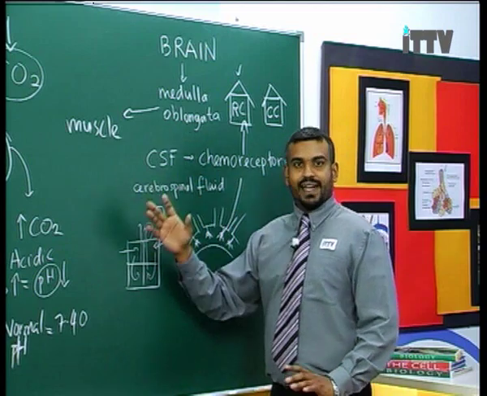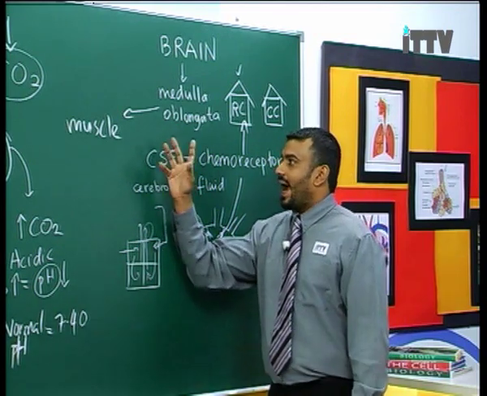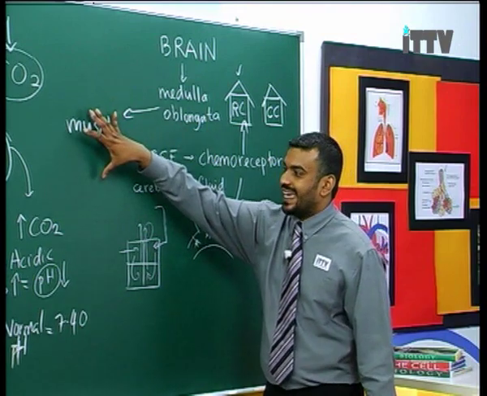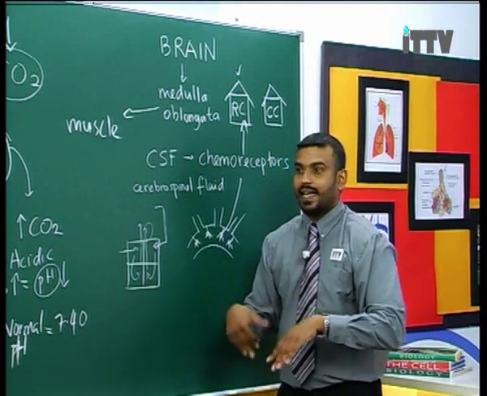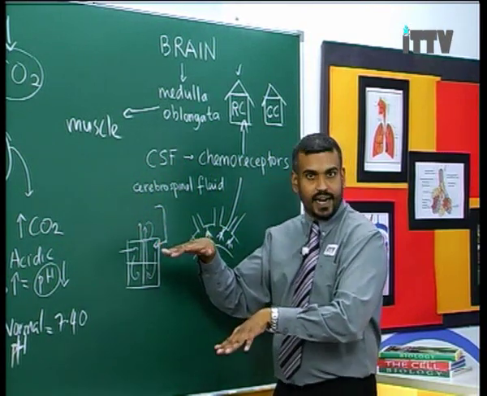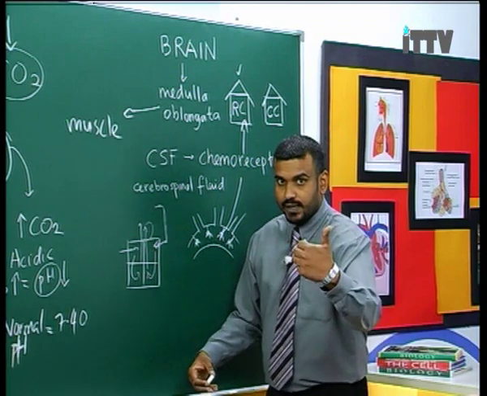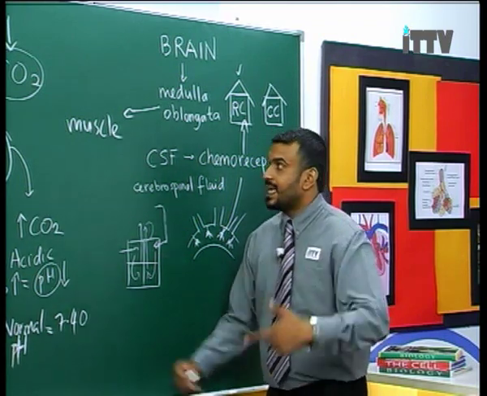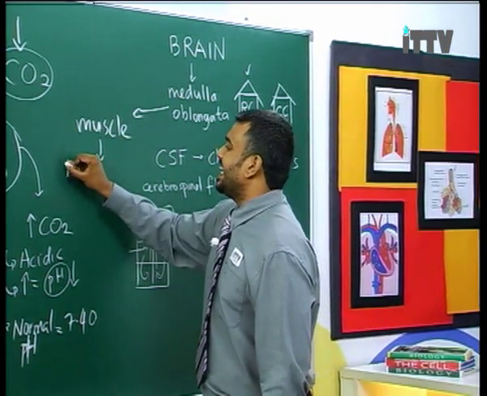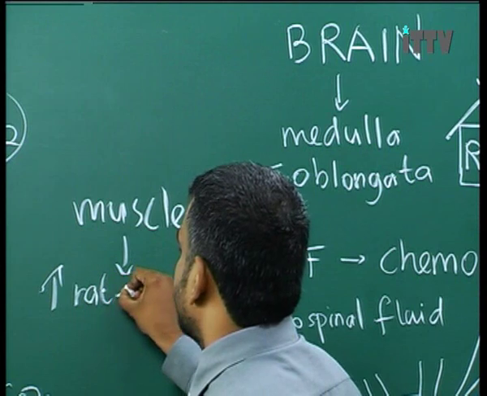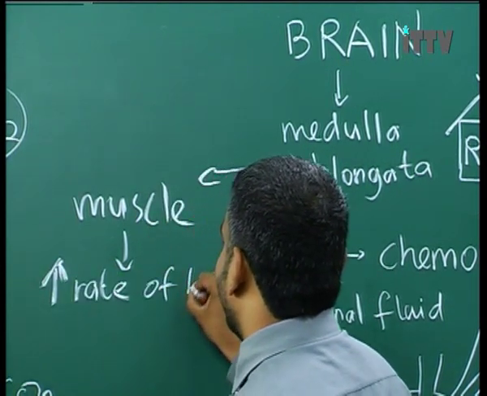This guy will say, alright guys, start working at a higher rate. Why? Because if they work at a higher rate, they will expel a lot of carbon dioxide, they will take in a lot of oxygen, and the balance will be back to normal. Correct or not? So now the intercostal muscles and diaphragm, remember, will undergo an increased rate of breathing.